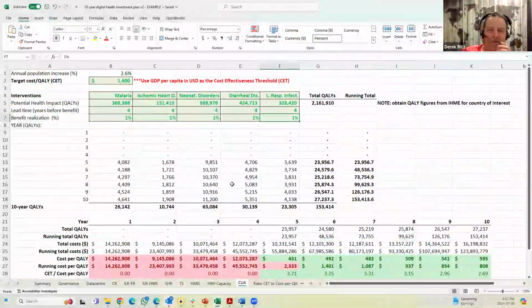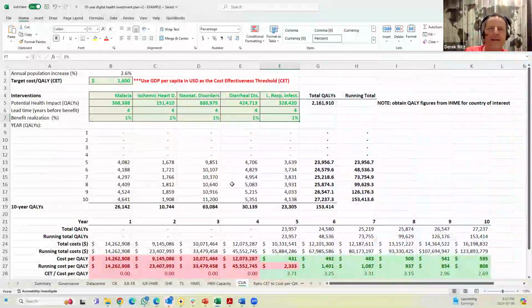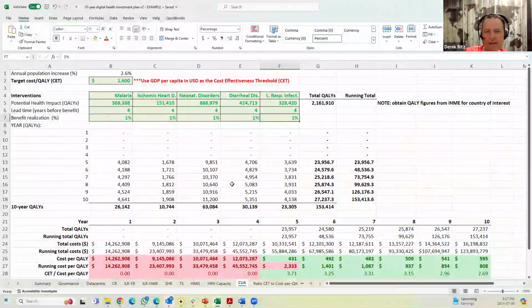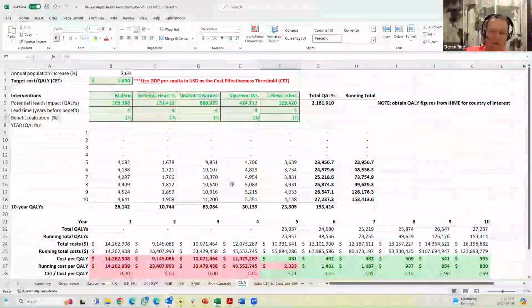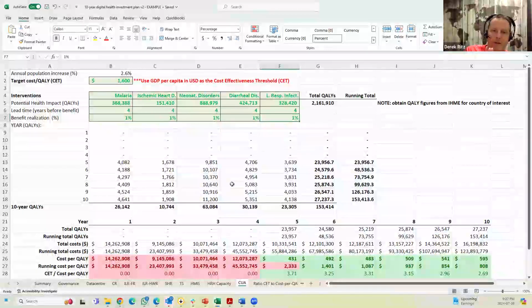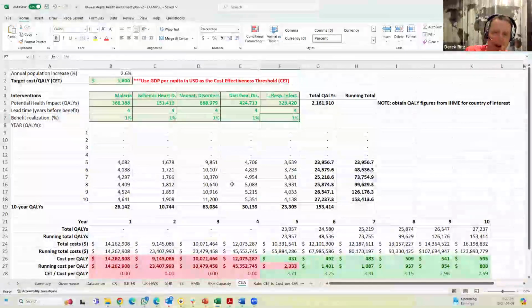This is where you go from costs to benefits. Now, the WHO for years and years has had the idea that if you can get a quality adjusted life year, or if you can avert a DALY, for 3 times the GDP per capita, that's a good buy.